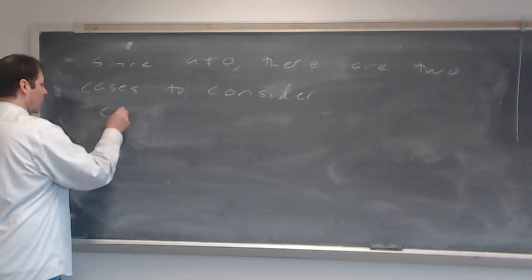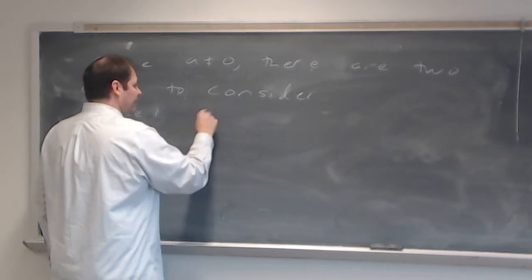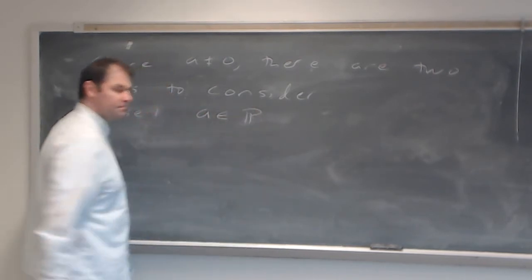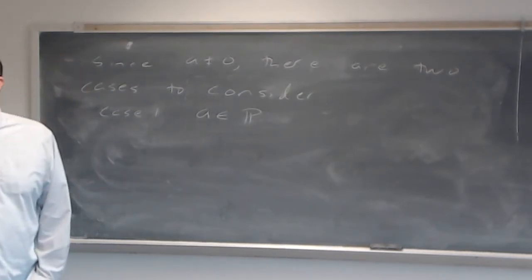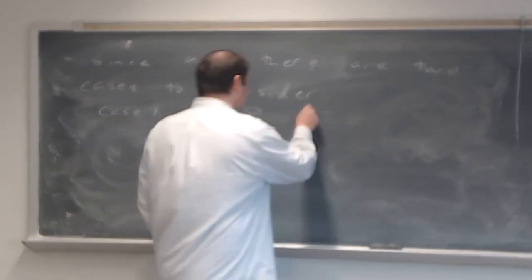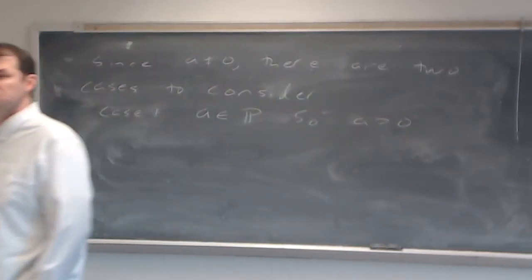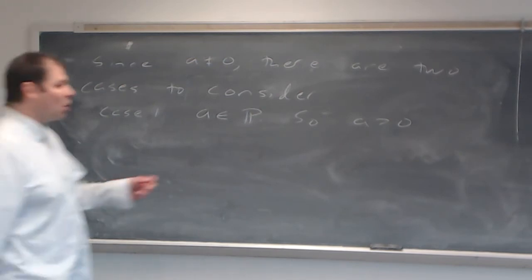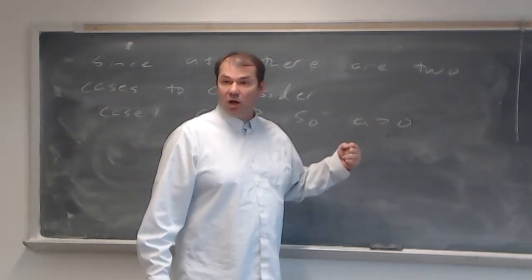Case 1. Well, we know A is different from 0. That means that A could be a positive number. And one of the facts that we proved earlier was if you're positive, then you're greater than 0. And we also have proven the fact that if you multiply an inequality by a positive number, it retains that inequality.